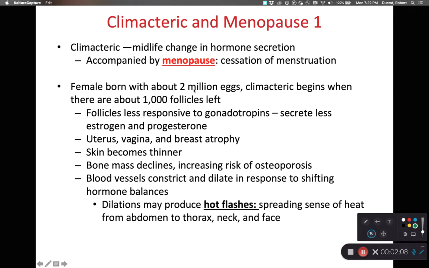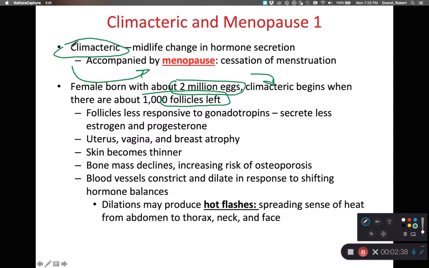When we look at a female when she's born, a brand new infant girl, she's born with about 2 million oocytes, or eggs, 2 million primordial follicles within her ovaries. And then when climacteric begins, there's about 1,000 follicles left. And climacteric is the precursor to menopause.